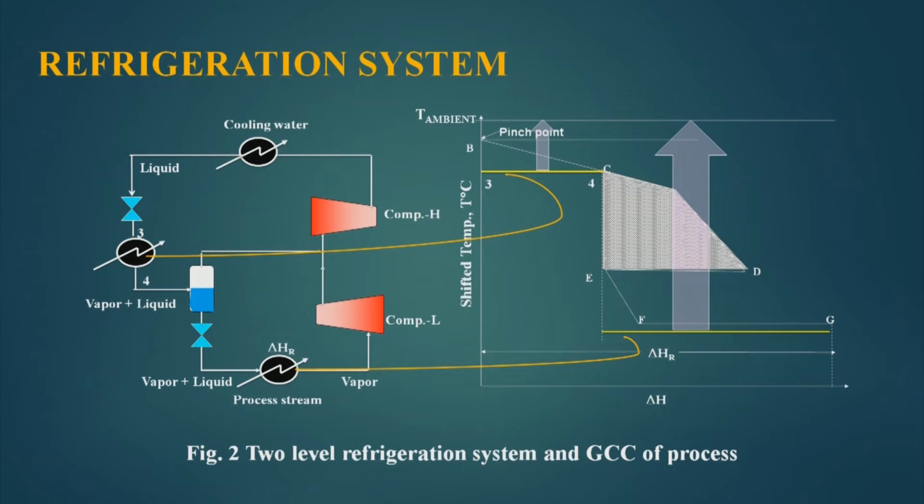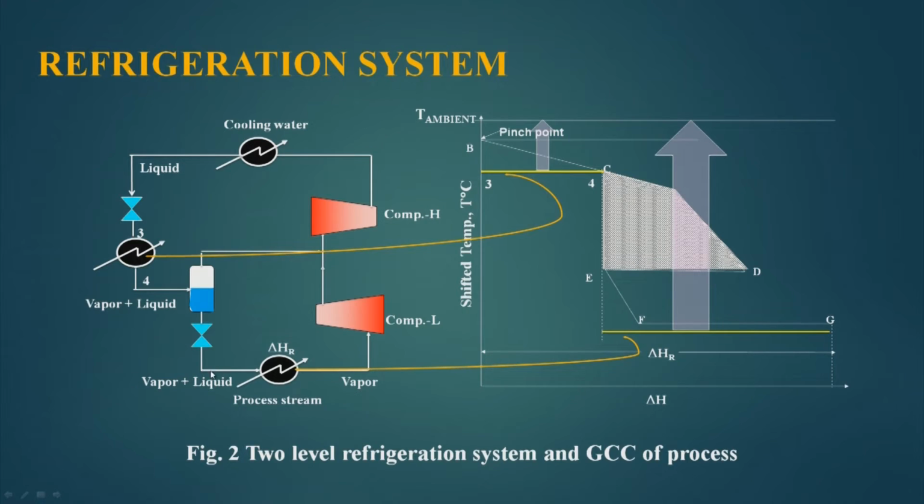And we are always talking about the below pinch part of the GCC, because the below pinch part rejects heat to the coolant, not the above pinch part. So, we are not talking about the above pinch area here, because the below pinch area is the area of concern to us, and that is why we are always talking about the below pinch area.